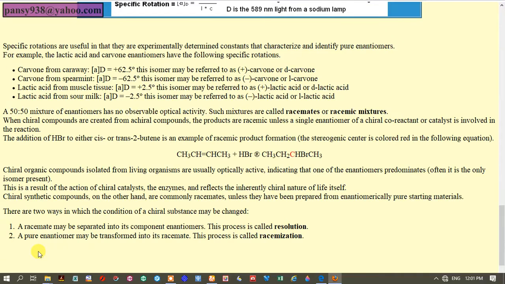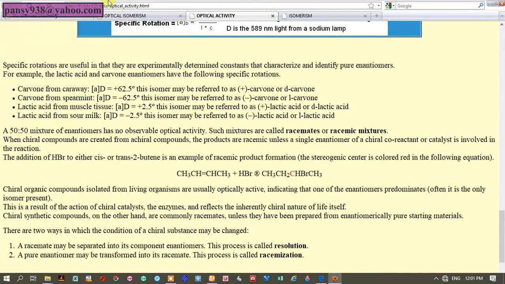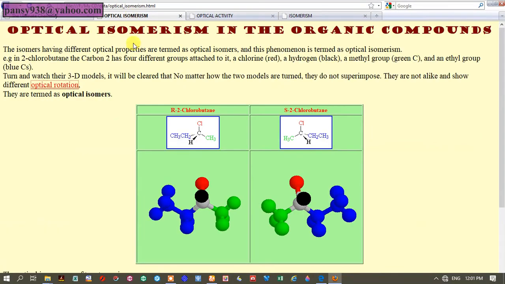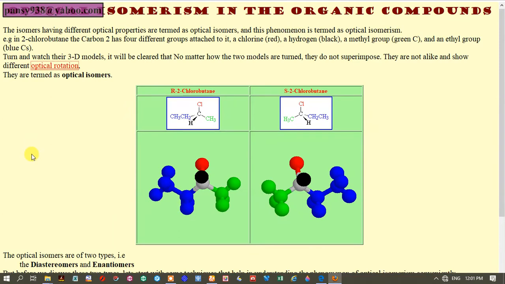Now come to our main topic, which is the optical isomers. And now we will try to understand the topic using different examples. Here, for example, we have an example of R-2-chlorobutane and S-2-chlorobutane.